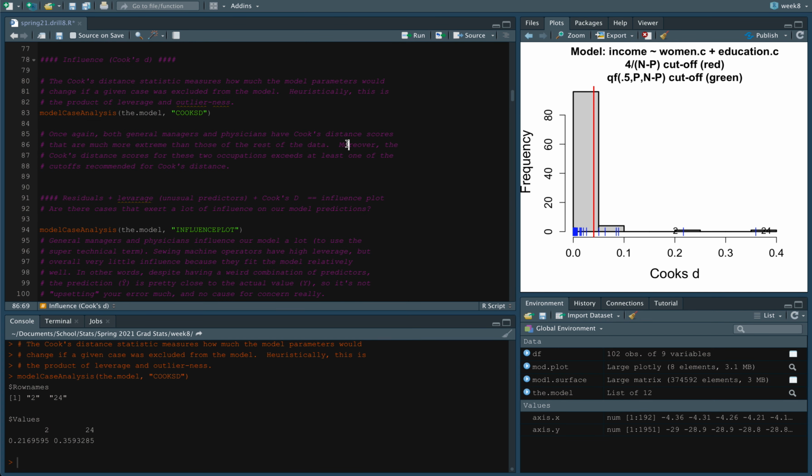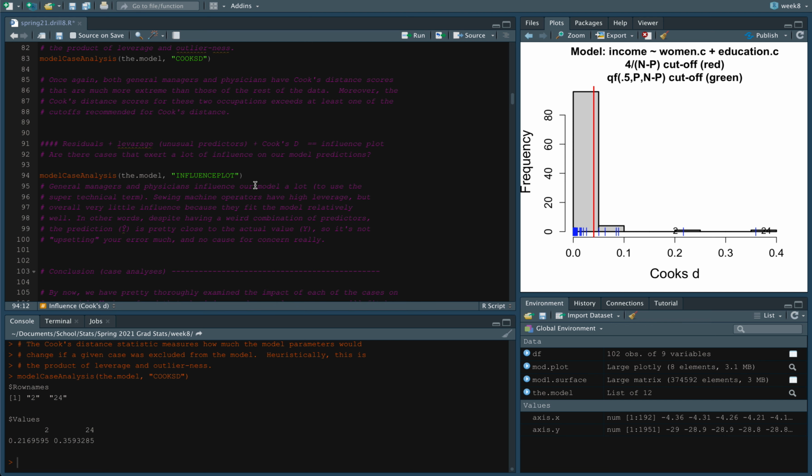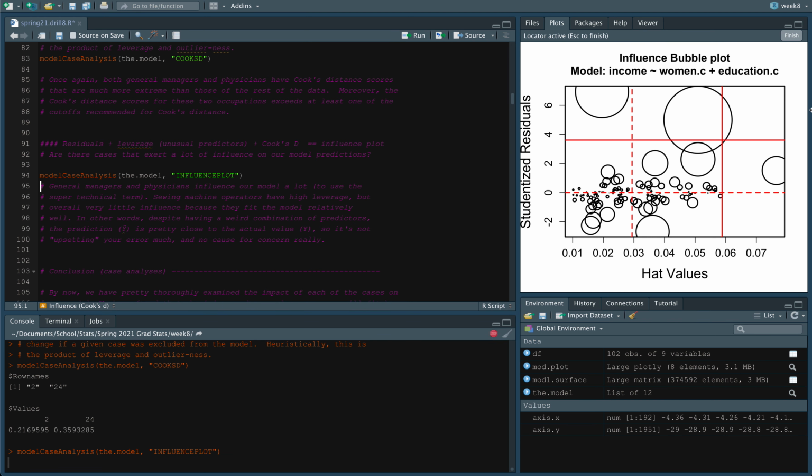which we've already seen is our general managers and physicians. And so then finally we'll do an influence plot, which is one plot that shows all of these things. When we run our influence plot, we have our studentized residuals on our y-axis, our hat values on our x-axis, and the size of the circle is scaled to Cook's D. Once again you can see we've got our stop sign and our finish because it's wanting us to click on things.